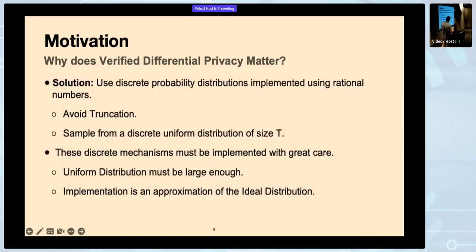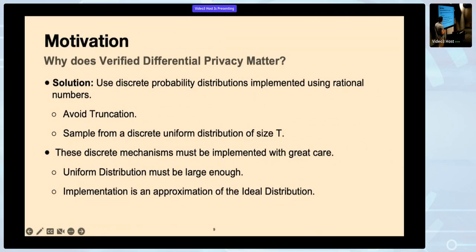Now, luckily, there is a solution, and the solution is to use discrete probability distributions implemented using rational numbers to avoid truncation entirely. Another thing that we're going to do here is sample from a discrete uniform distribution of size t, and the support is going to be the numbers from 1 over t all the way till 1.